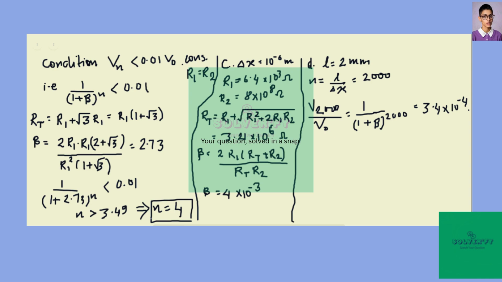Isn't it? Okay. Now for part E of the question, it says that there is a coating that increases the resistance of R2, and R2, let me call that R2 prime, to be 3.3 into 10 to the power 12 ohms, and this also changes RT. RT prime equals, again using the formula, R1 plus root under R1 squared plus 2R1 R2 prime.